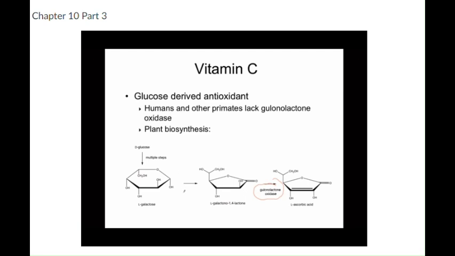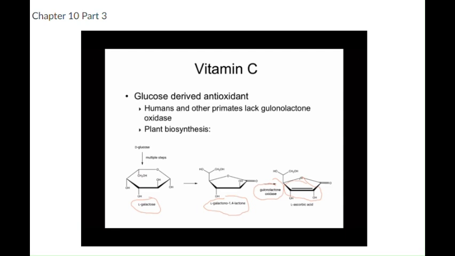What happens is that D-glucose gets converted into L-galactose, as we see here, which then undergoes oxidation to form this galactonolactone. And then the last step is what we as humans and other primates cannot do, which is to oxidize this lactone to the form that we see here, which is the active form of vitamin C.